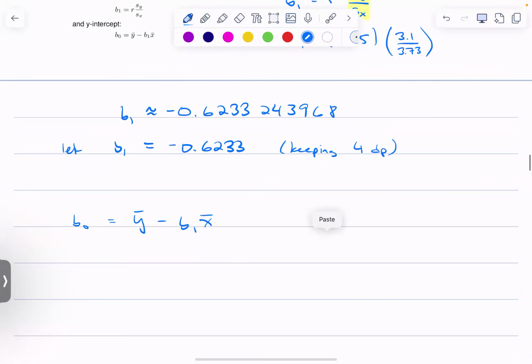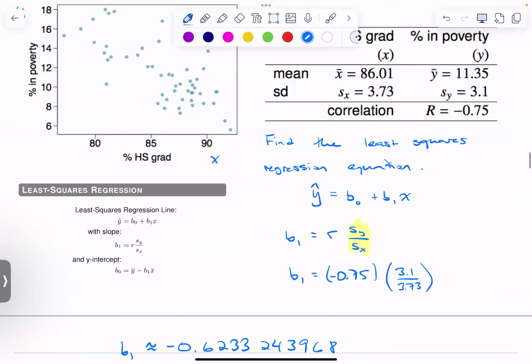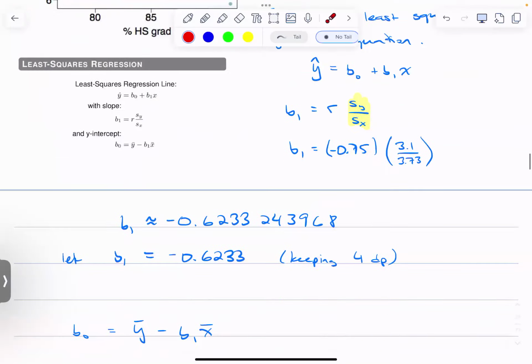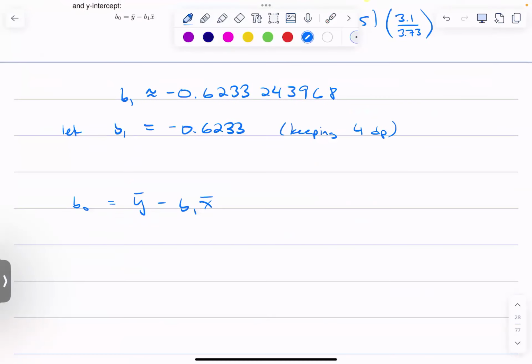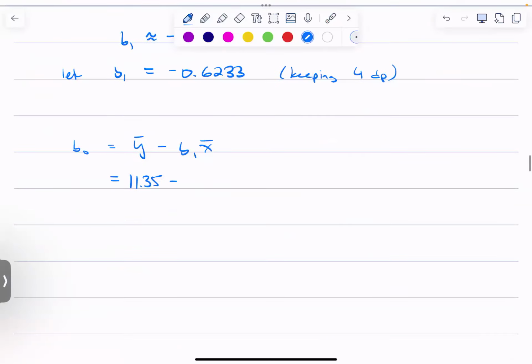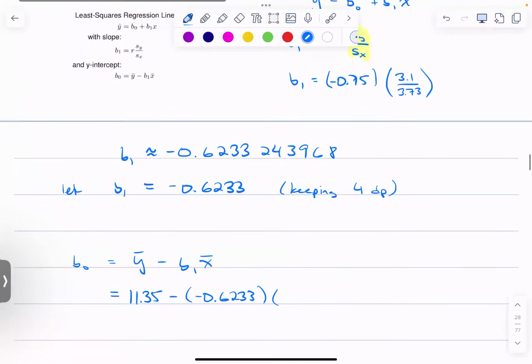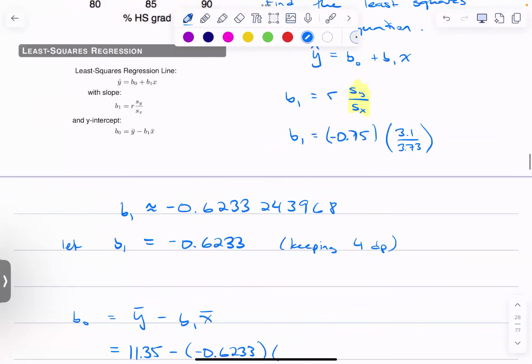But once you have, switching these two would make a huge difference. y bar is 11.35 and x bar is 86.01, so that would make a mess. So you want to have 11.35 minus the slope, which is negative 0.6233, times x bar, which is 86.01.